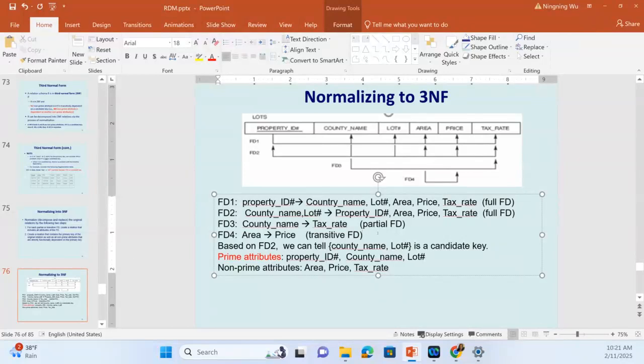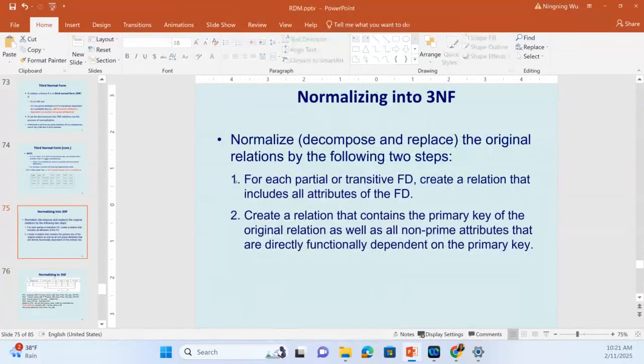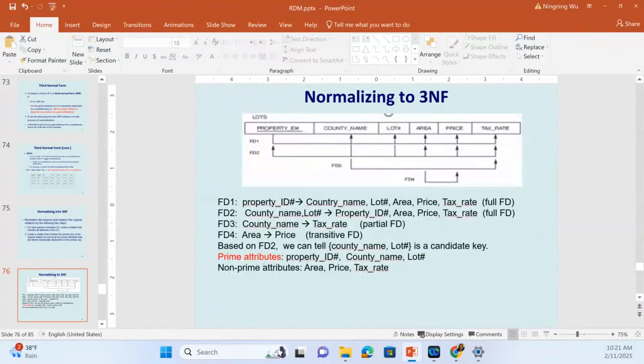Okay, so that's pretty much it for the normalization. If we want to normalize these functional dependencies, according to the procedure, we just need to create a relation schema for each partial and for each transitive.